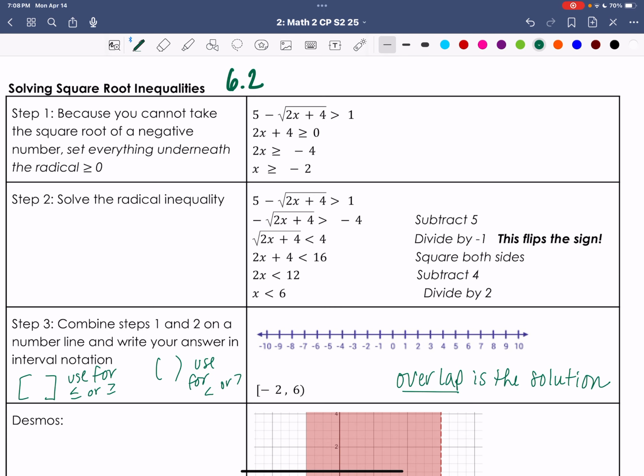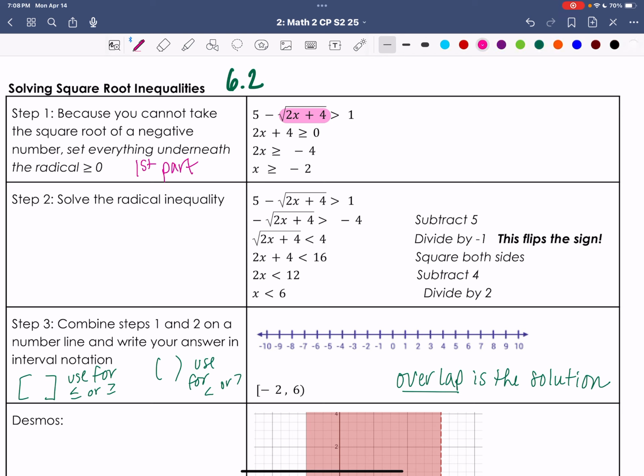All right, now we're going to talk about solving inequalities. When we're solving inequalities, we can't take the square root of a negative. So the first part is you are going to set everything underneath the radical, and I kind of color coded it here, you're going to set everything under the radical greater than or equal to 0.